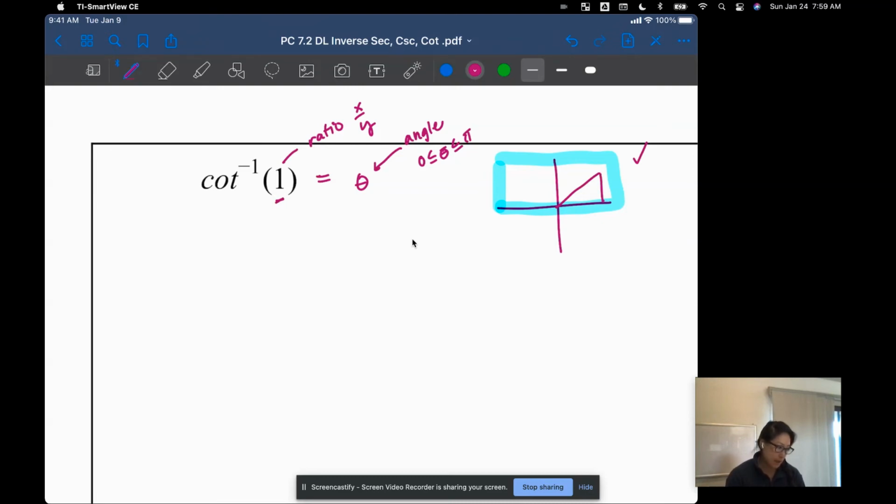And then I notice that the ratio is 1. So I am going to go ahead and start labeling my side lengths. The only triangle that I know that has a tangent of 1, or a cotangent of 1, would have equal side lengths, so root 2 over 2 and root 2 over 2.